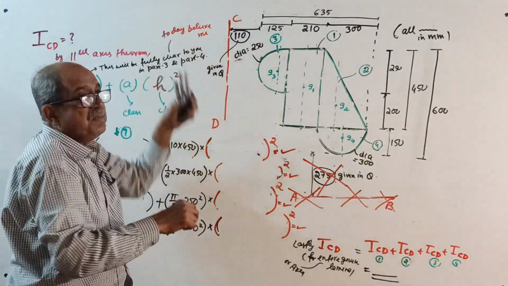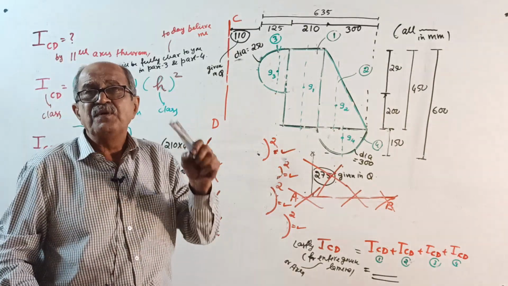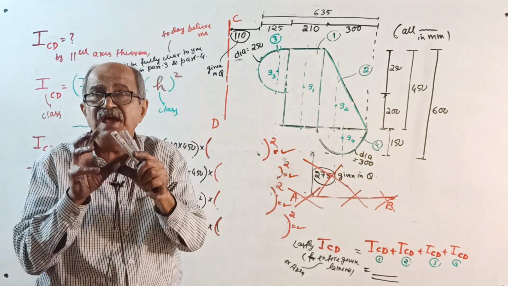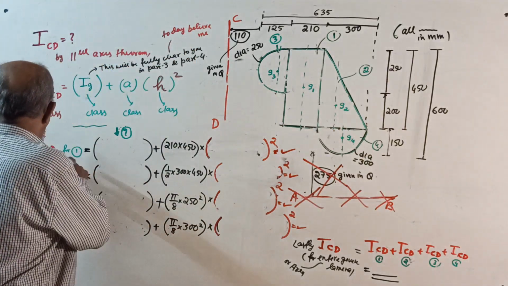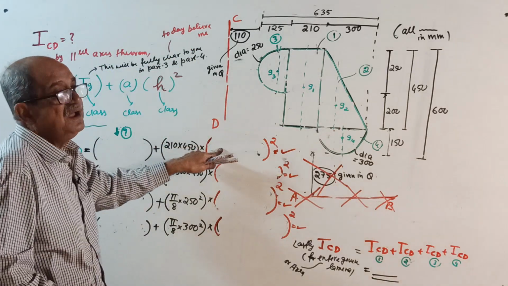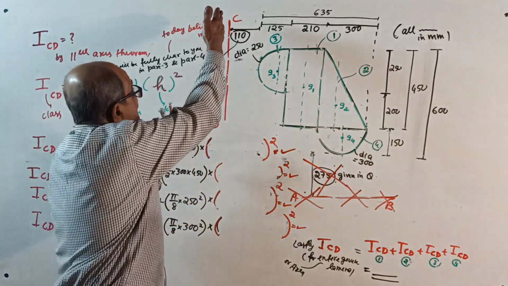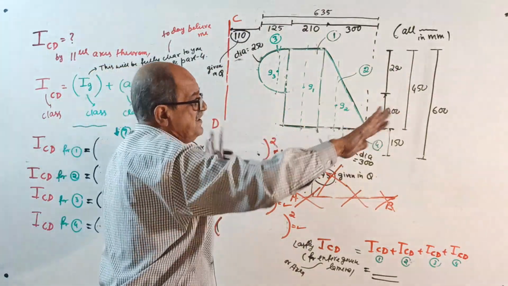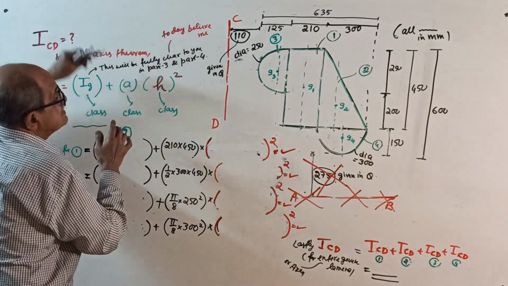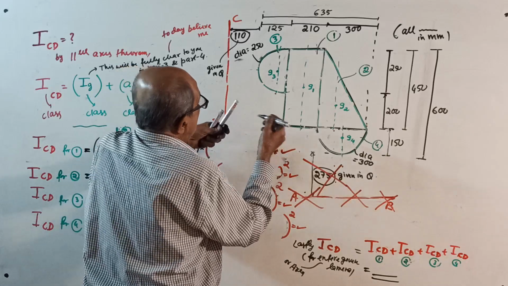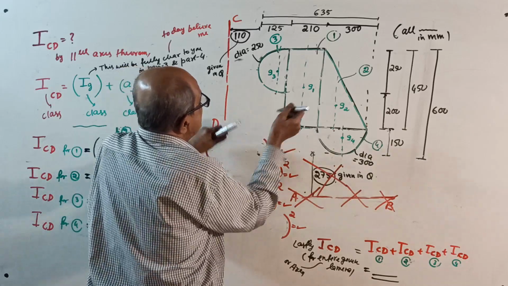H is the perpendicular distance from the centroid of that area considered, not the entire area, to the required axis CD. When you find for 1, it means the area of 1; then 2. Axis vertical means horizontal distance. Okay, start. First, come to figure number 1. Come to its centroid. Its centroid is here.